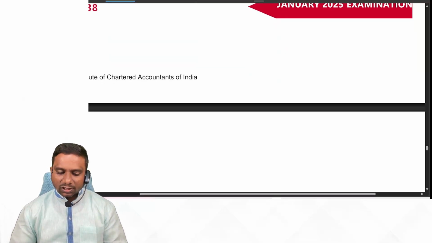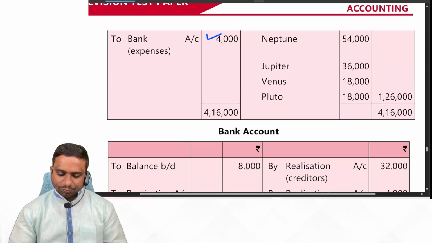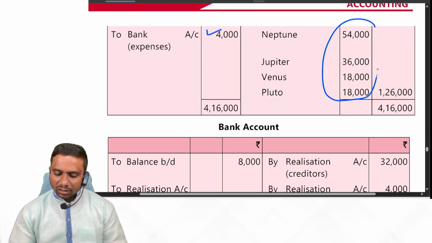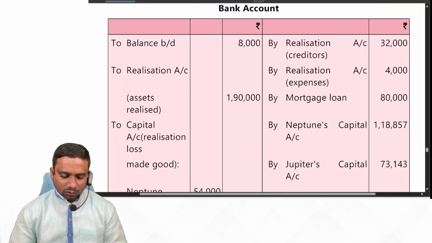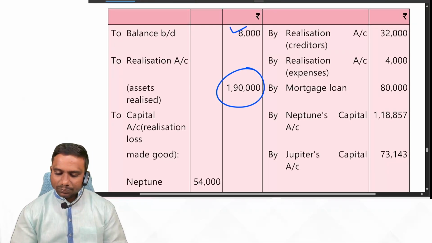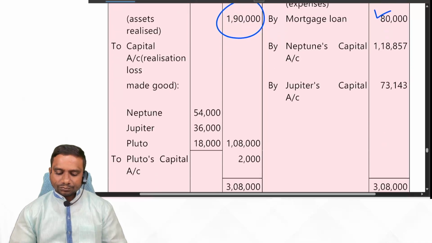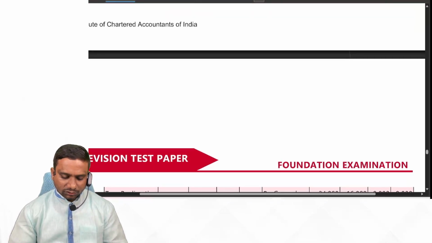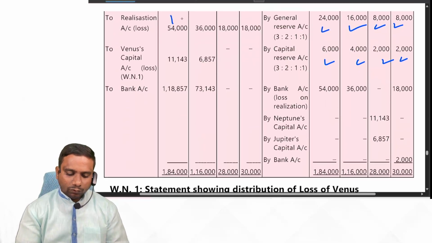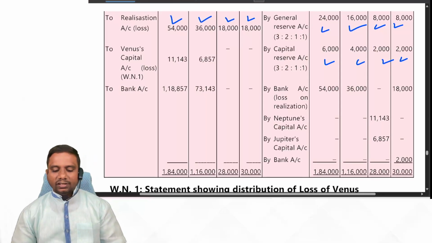This loss is transferred to all partners. Now the bank account: look at the 8,000 opening balance. It's realized. Payments made 32,000, 4,000 and 80,000. Now this realization loss is transferred: 4,000, 36,000, 18,000 and 18,000.